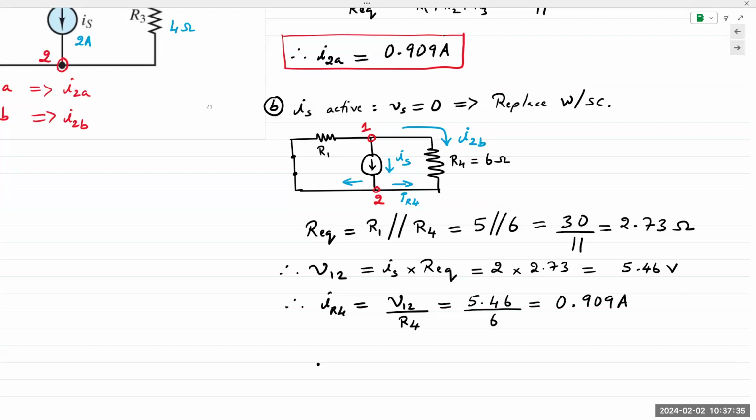And so I2B is actually minus IR4, and it becomes minus 0.909.